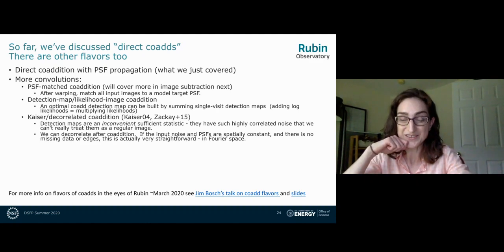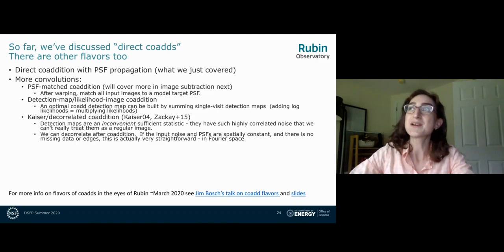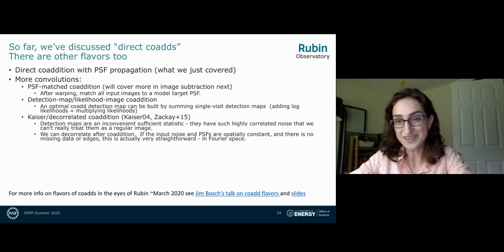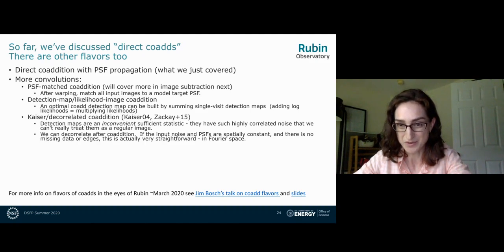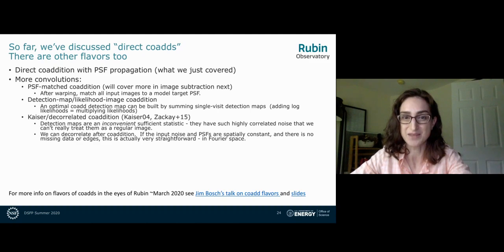In theory, you can decorrelate this noise after coaddition, and this result was published in 2 papers, one by Kaiser, one by Zackay. They claim that this is an optimal coadd, but remember from before, whenever anybody says something's optimal, you ask what are the assumptions and conditions under which this is optimal.